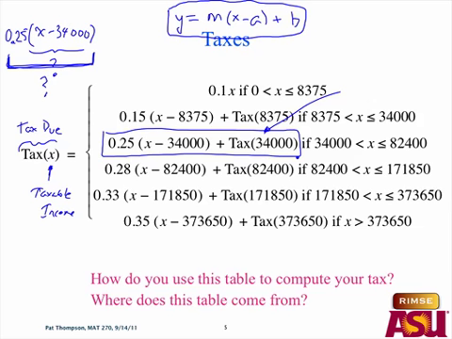So just getting a feel for understanding this table, how it works. Okay, so quickly, can you find the tax on $50,000? So find how much tax you would owe on $50,000 as fast as you can, so we can move on.